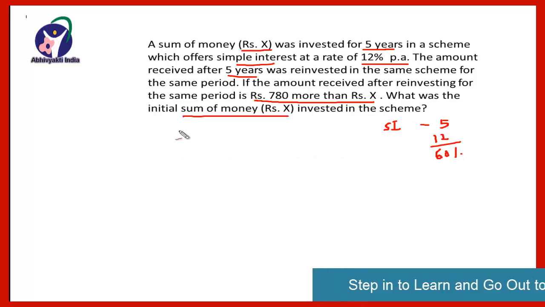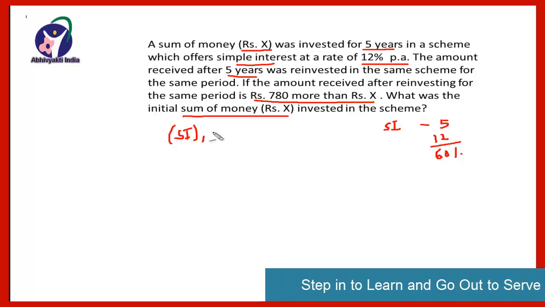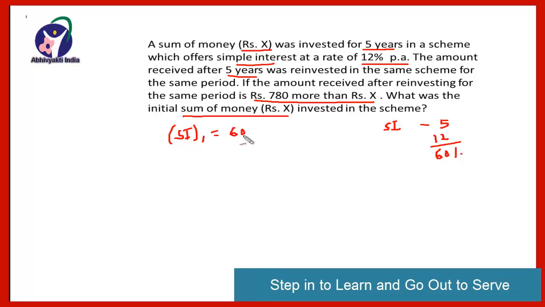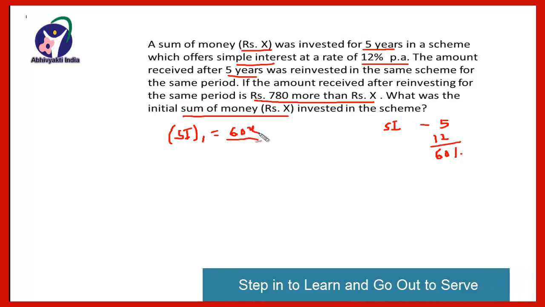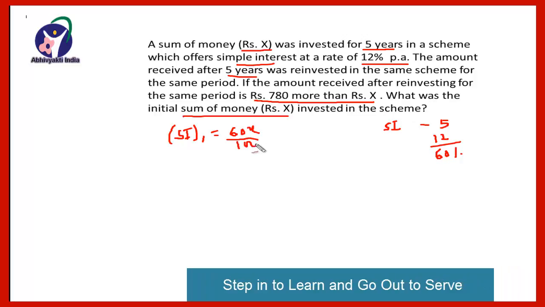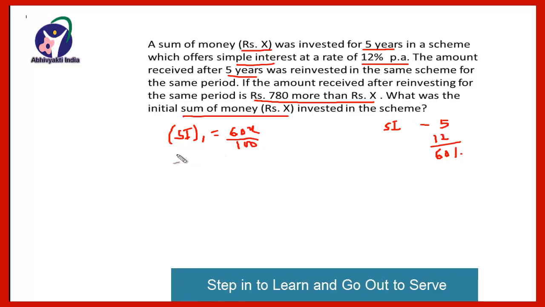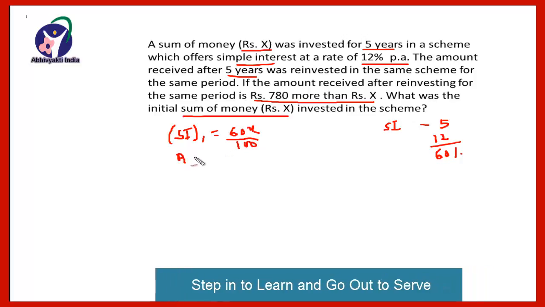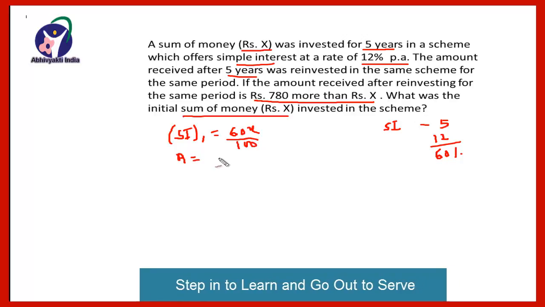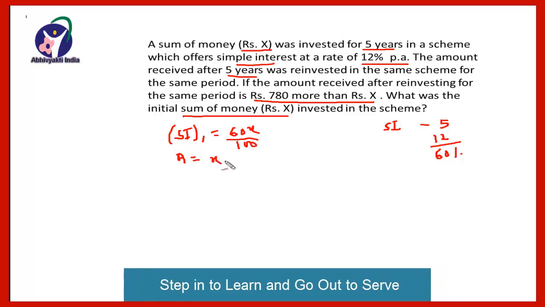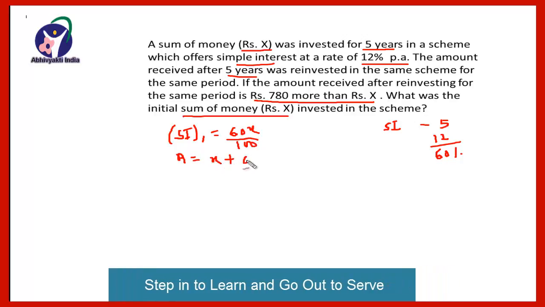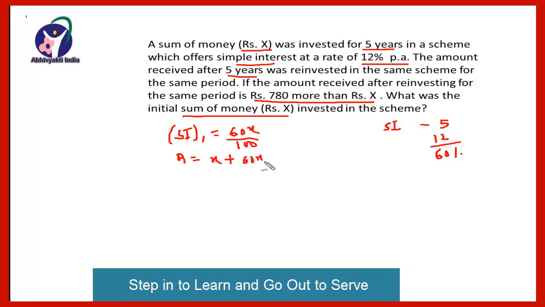Therefore the simple interest in the first case will be equal to 60% of X, that is 60X by 100. And therefore the amount will be equal to principal plus interest. Principal is X plus interest is 60X by 100.